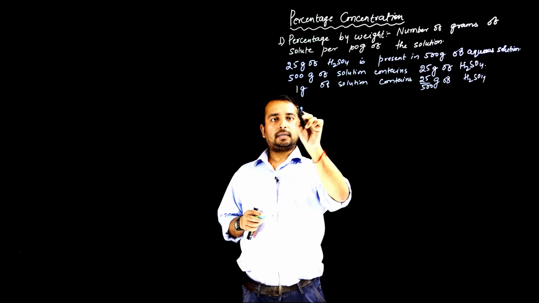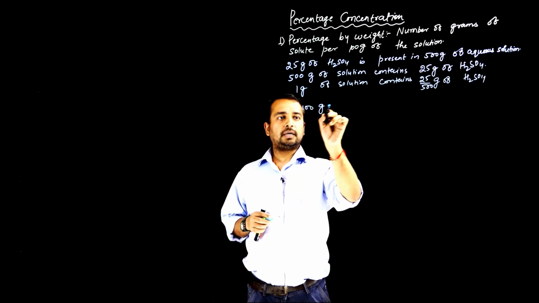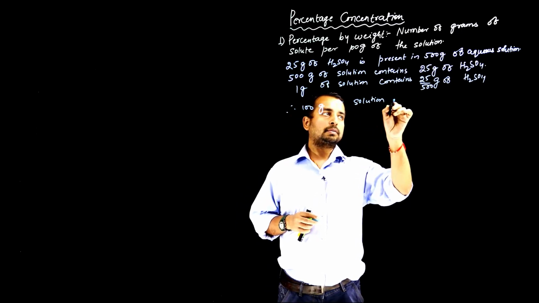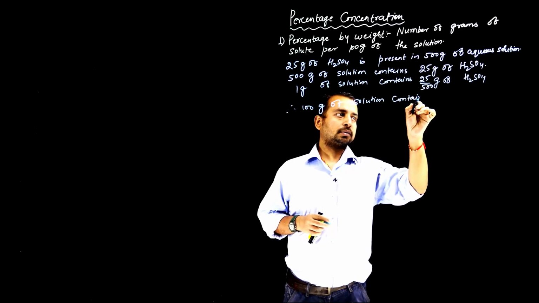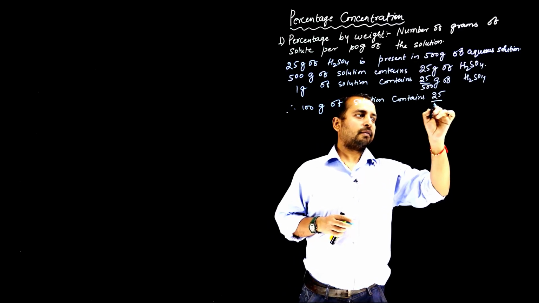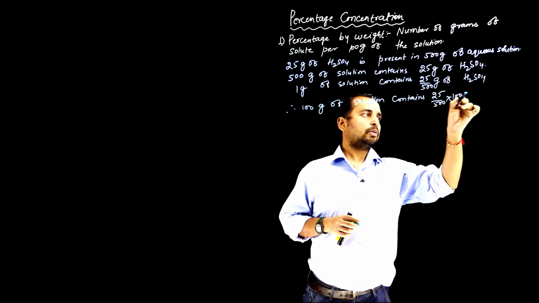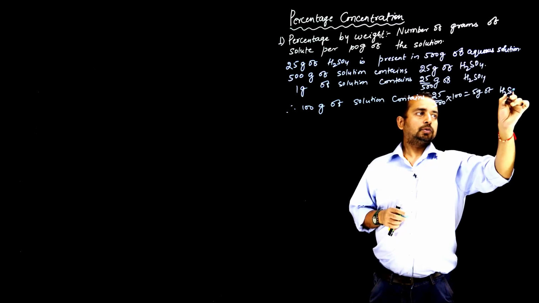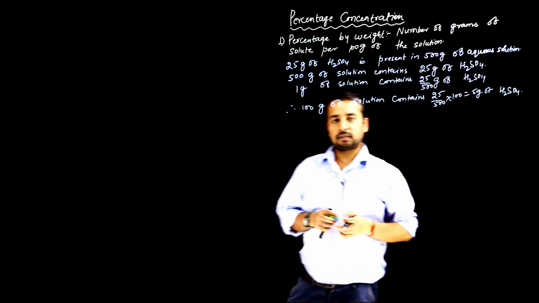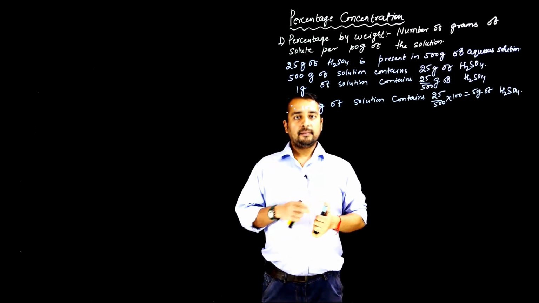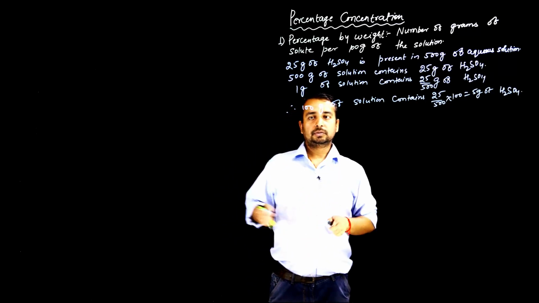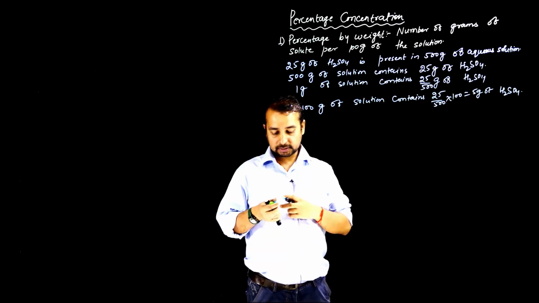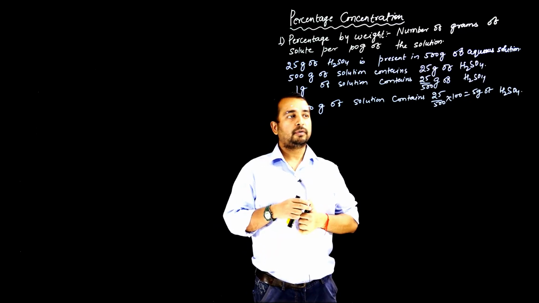So 100 grams of solution contains 25 by 500 into 100, so 5 grams of H2SO4. So percentage by weight concentration of H2SO4 here is 5% because 5 grams of H2SO4 are present in 100 grams of the solution.